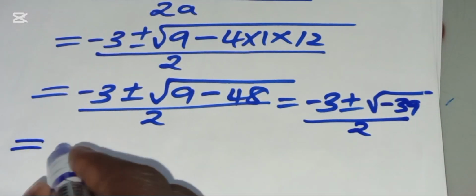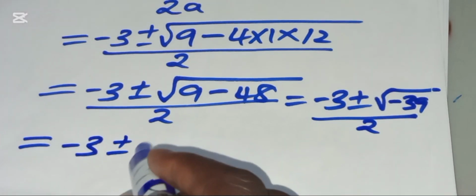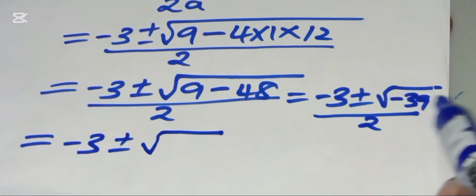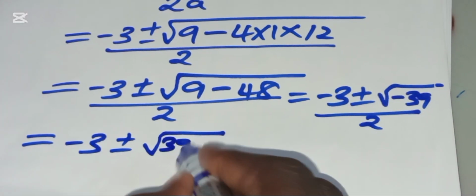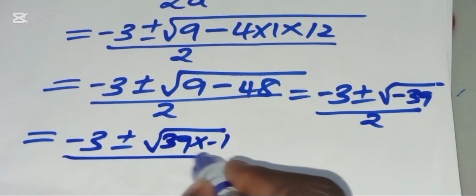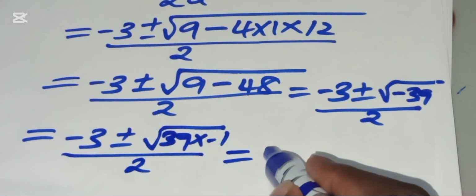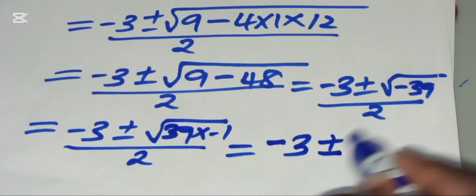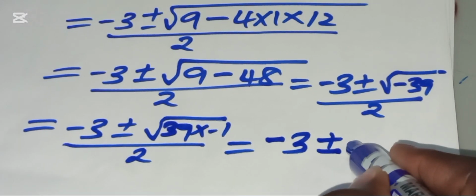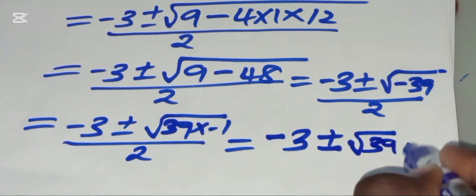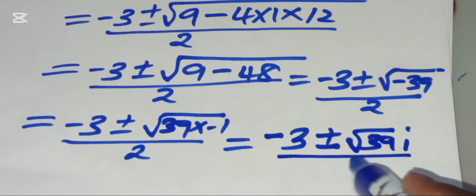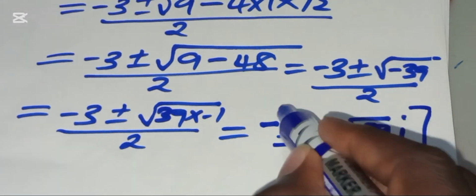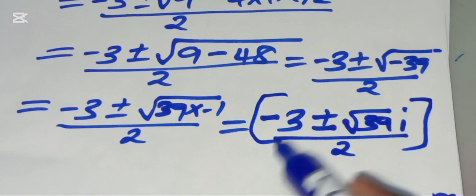So this is negative 3 plus or minus. Now we can express negative 39 as 39 times negative 1, divided by 2, which gives negative 3 plus or minus the square root of 39i divided by 2. This means that we have two complex roots.